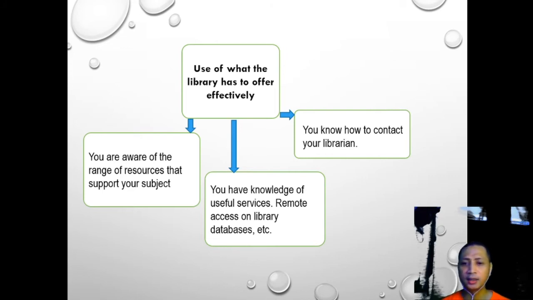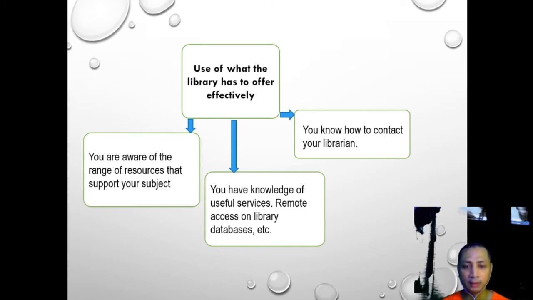you are aware of the range of resources that support your subject from the library. Okay, you have knowledge of useful services, remote access to library databases, etc. And then you know how to contact your librarian as well.